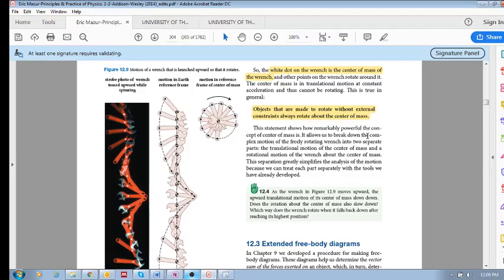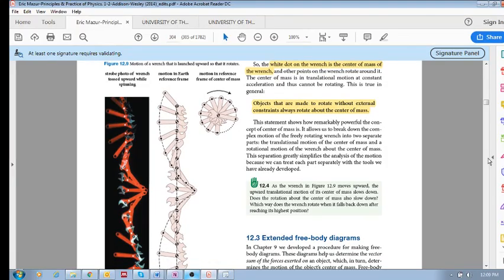It allows us to break down the complex motion of a freely rotating wrench into two separate parts: translational motion of the center of mass, and rotational motion of the wrench about the center of mass. So we can break up the motion into these two components. That is that for this section.